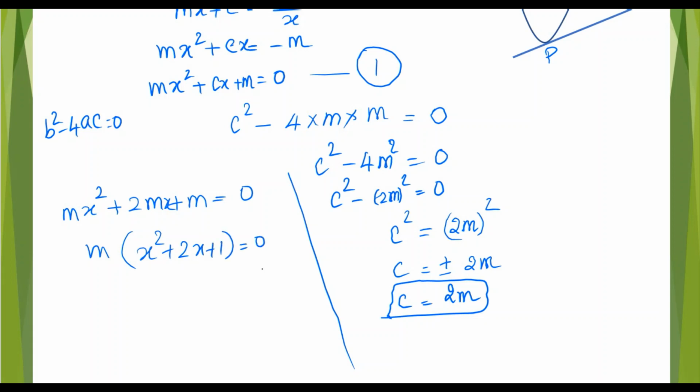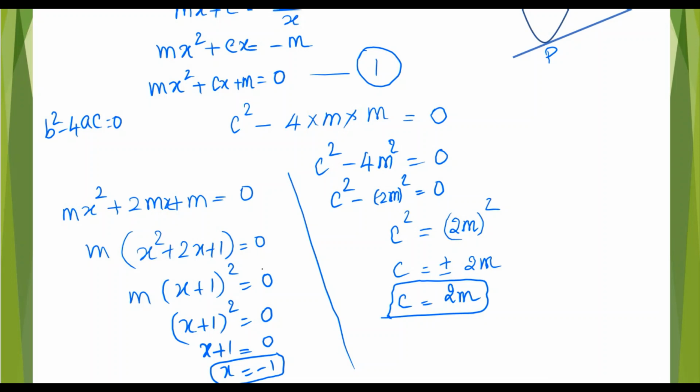And by looking at this expression, we can say it is (x plus 1) the whole squared. So (x plus 1) squared equal to 0. So x plus 1 equal to 0. So x equal to negative 1.